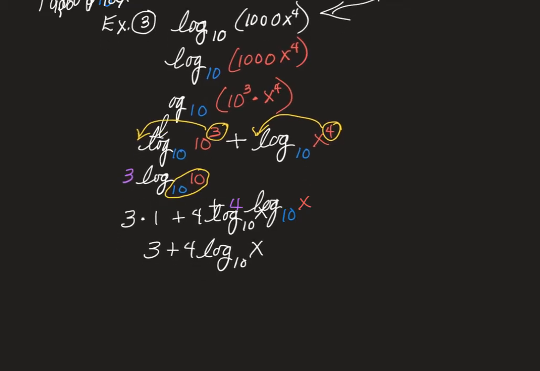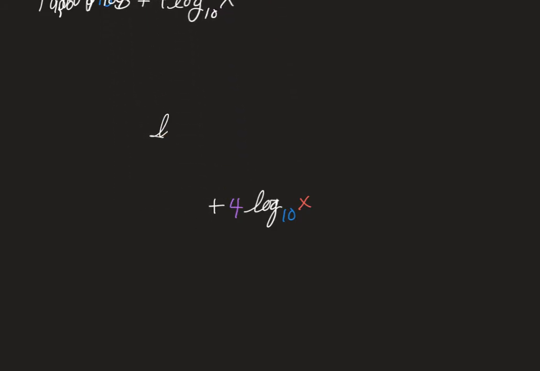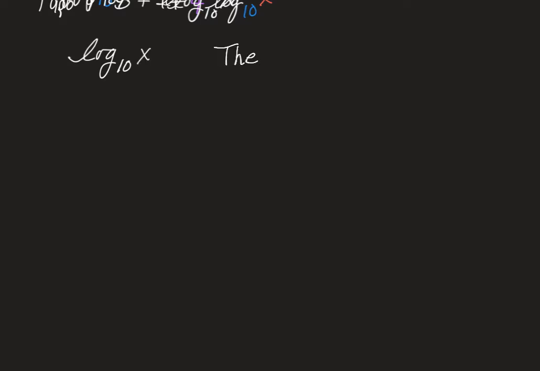You may have noticed that every example I did had a base of 10, and that's because the log base 10 is a very special log. In fact, log base 10 is called the common log.